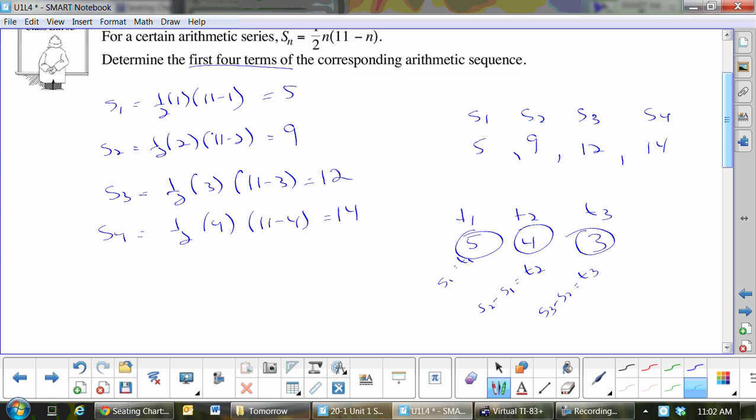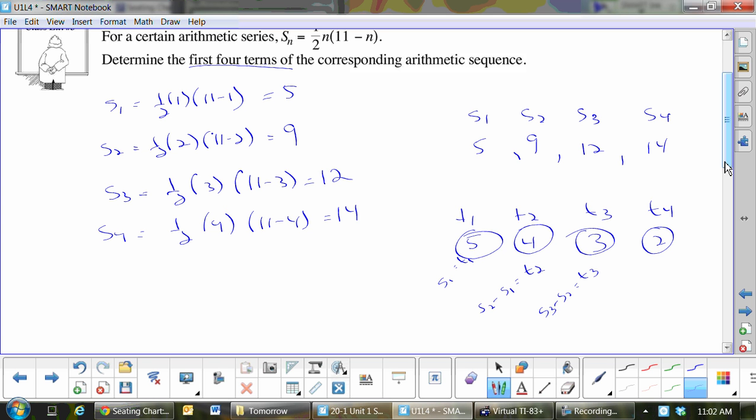And what about T4? You should be able to find T4 without doing any more math, just following the sequence. What should it be? 2, because remember, this is an arithmetic sequence with a difference of -1. It's not 1.